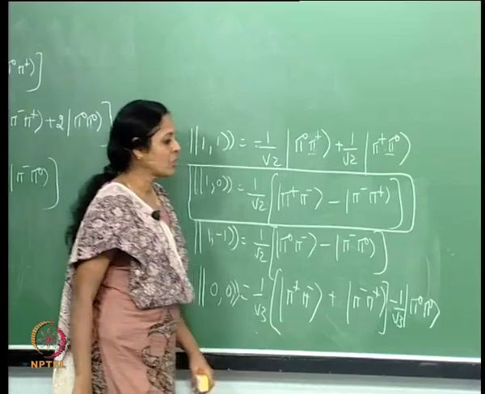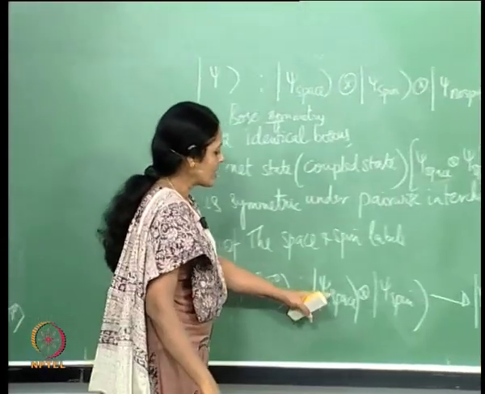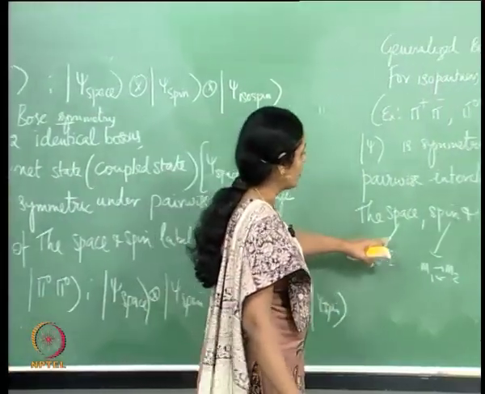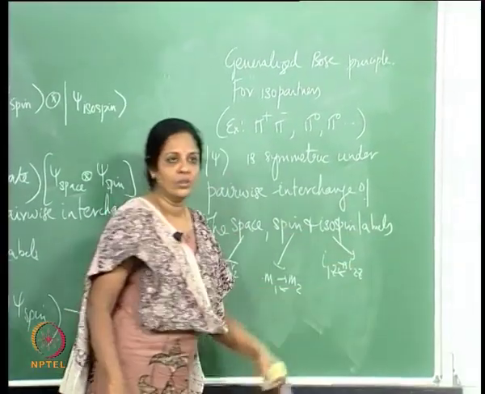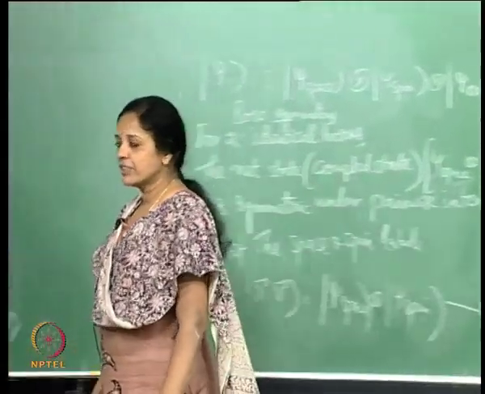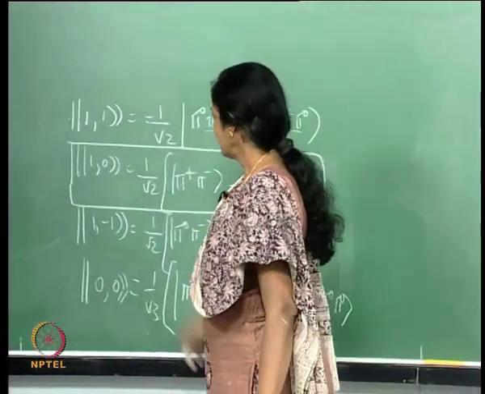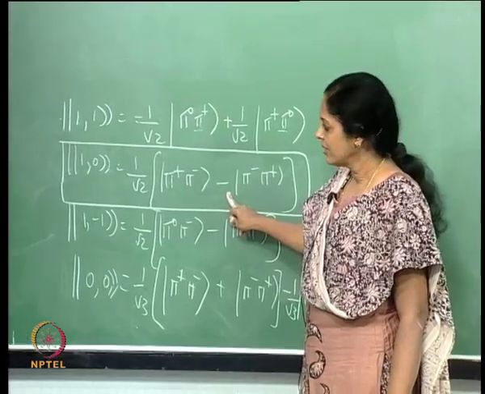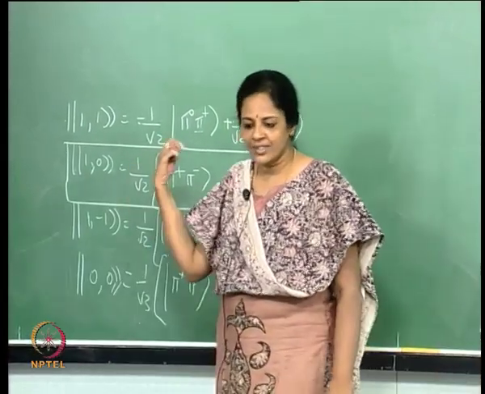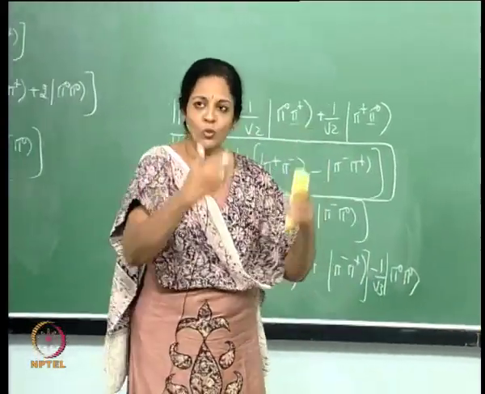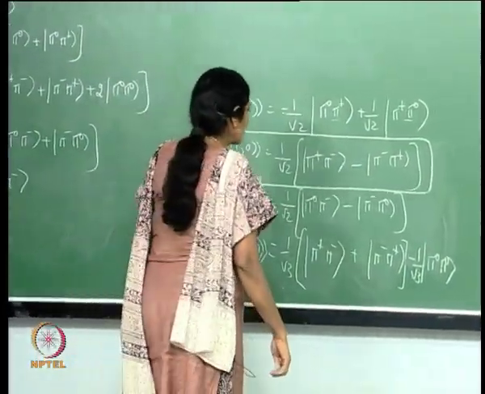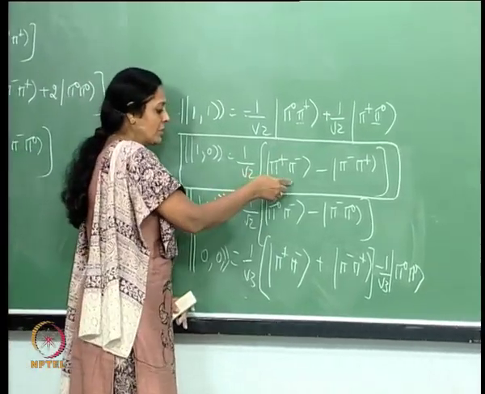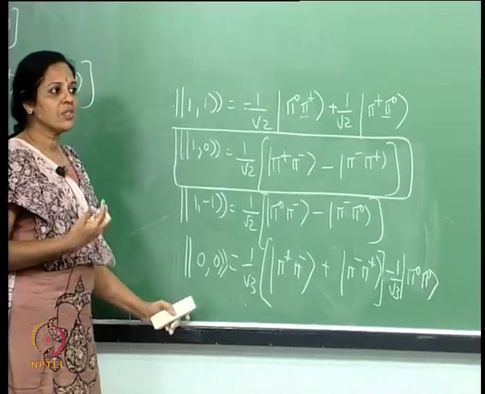Whereas in the case of pi naught, already just the space spin part is symmetric, and therefore by the generalized Bose principle the isospin part alone should be symmetric under interchange of the two labels. Therefore it does not contribute to an antisymmetric isospin wave function. So there is a deep principle behind what we saw by brute force algebra, that 1, 0 surprisingly did not have a contribution from two neutral pions. The reason is Bose symmetry.